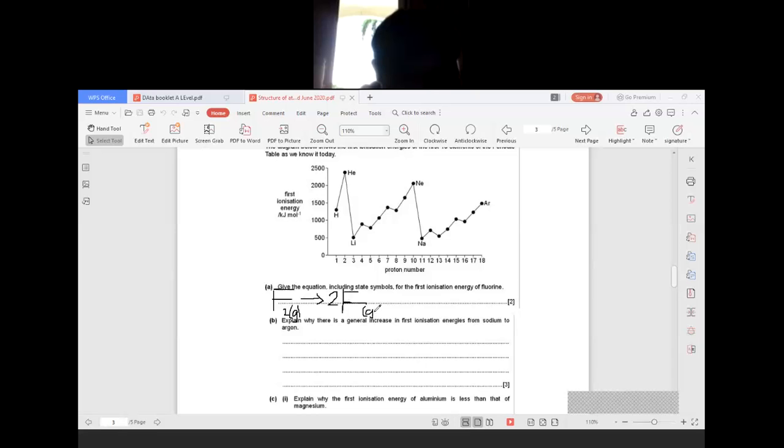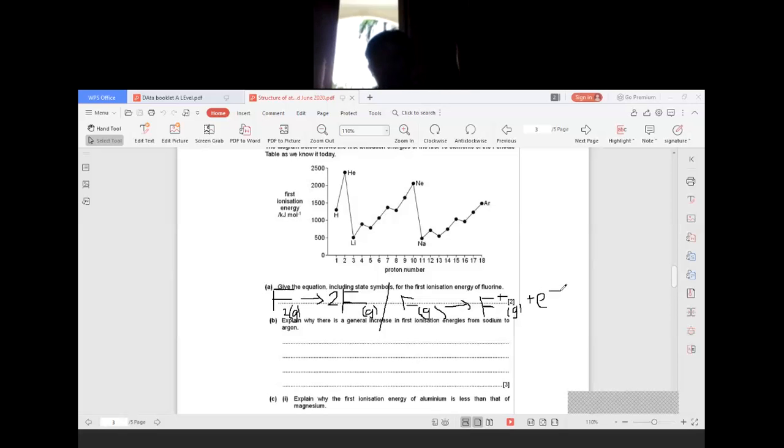F gas is already an atom, and then becomes F plus gas because it lost an electron, plus e minus.